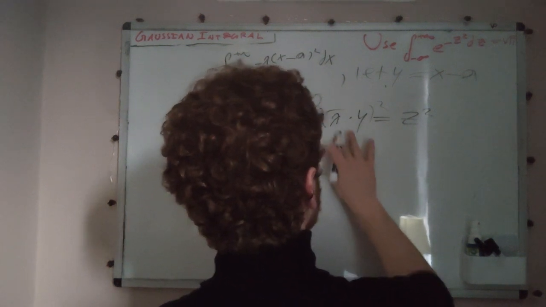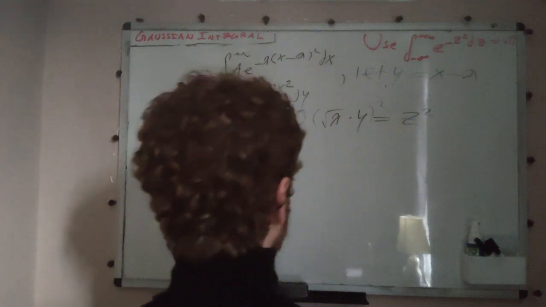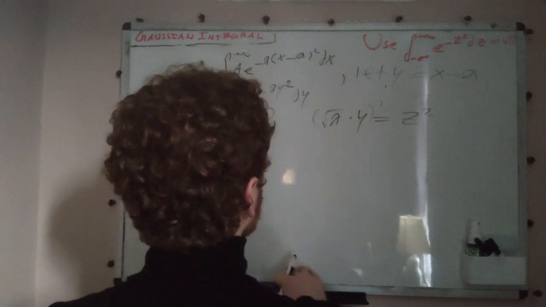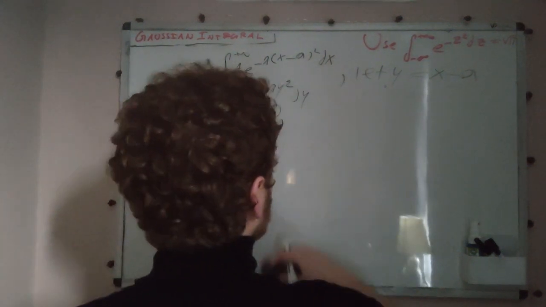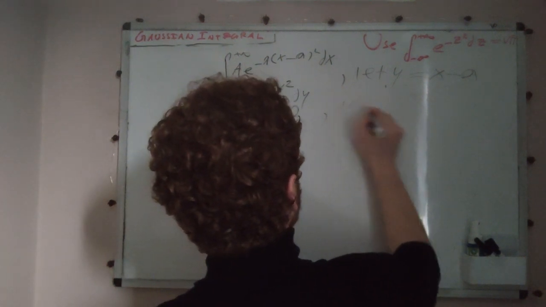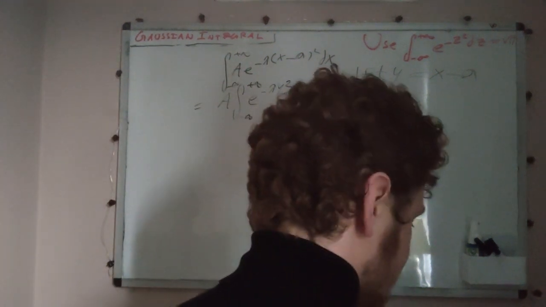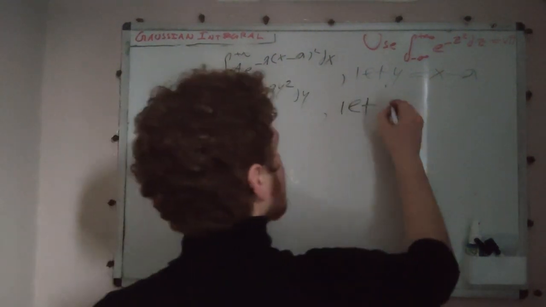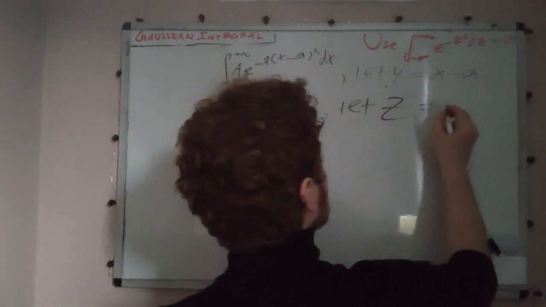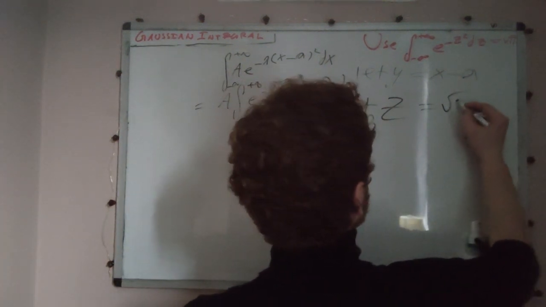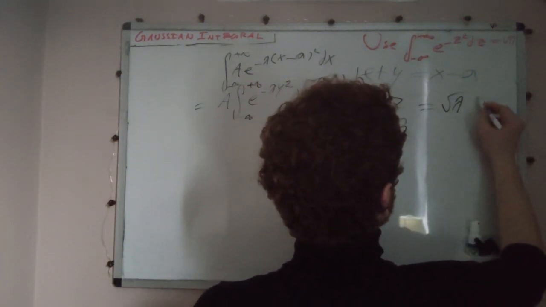So now we can let z equal the square root of lambda times y.